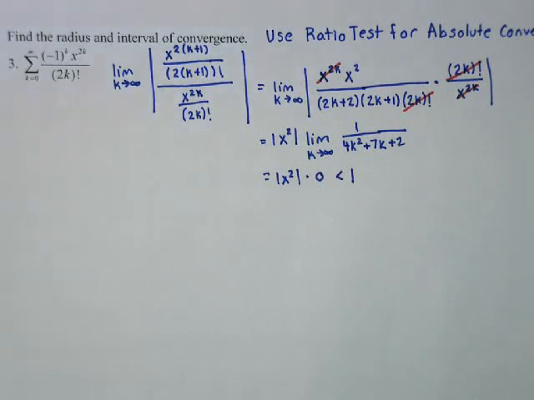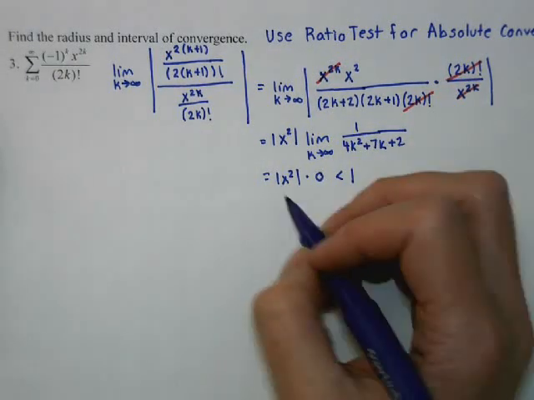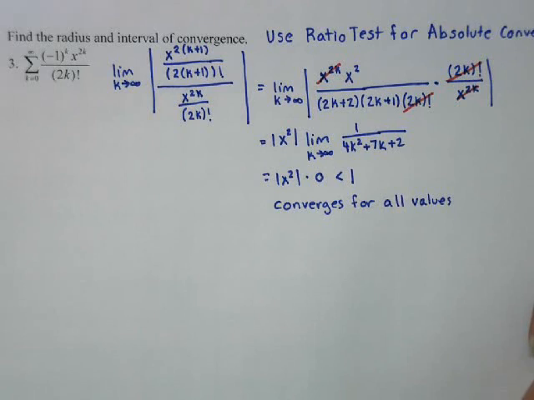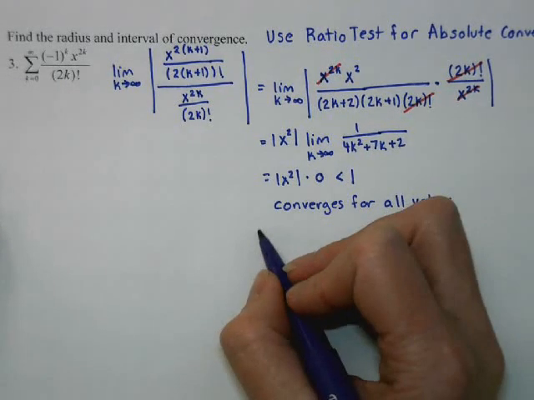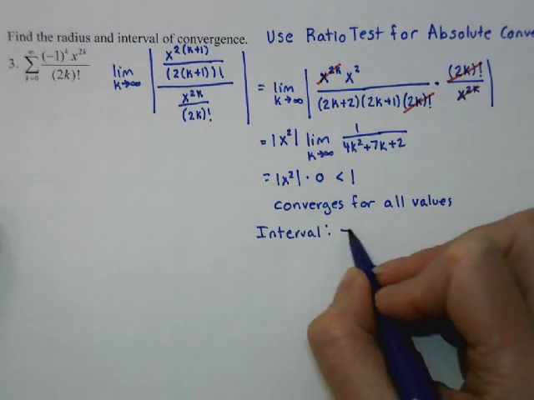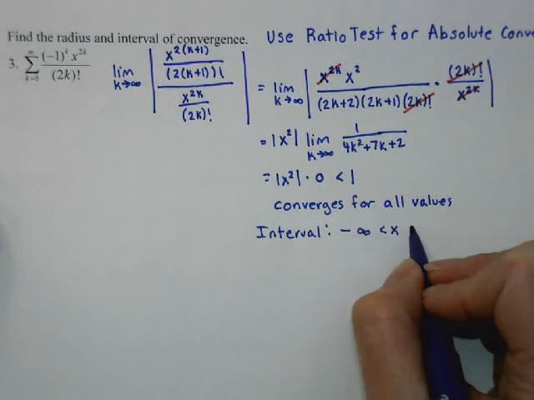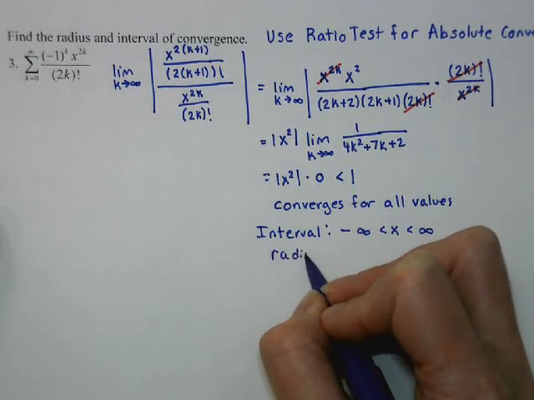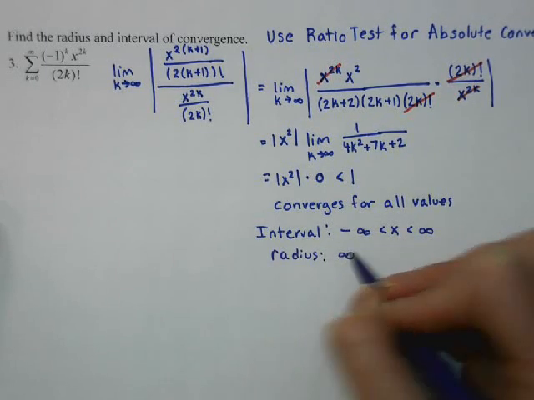Well, it will always be less than 1 because it's always going to be 0. So it converges for all values. So we're going to say the interval is from negative infinity to infinity. The radius is infinity.